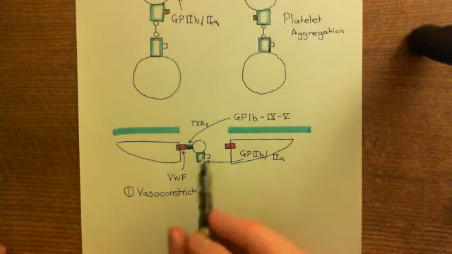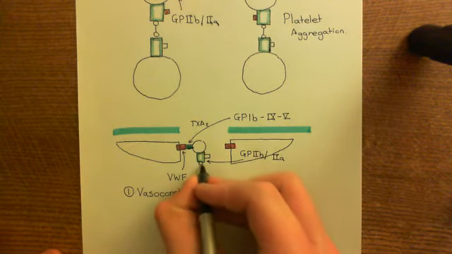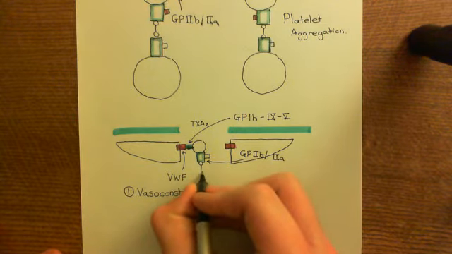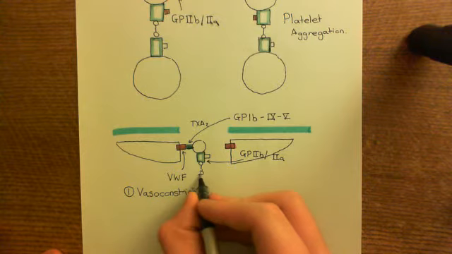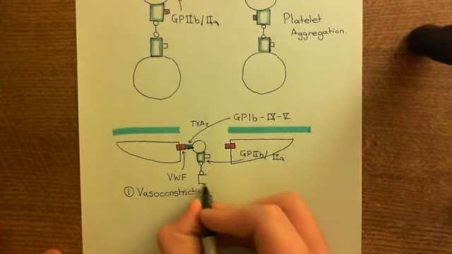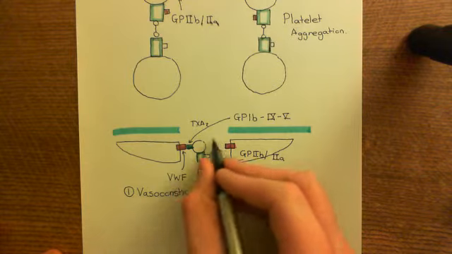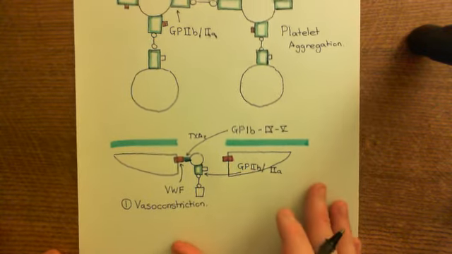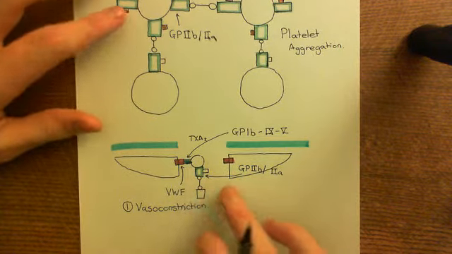Right, so now what can happen is this GP2B/2A can then bind to fibrinogen here, one of the lobes of fibrinogen, and then this other lobe of fibrinogen will bind to an activated GP2B/2A on another platelet, and you're going to start getting the assembly of a platelet aggregate, one of these things that I've drawn here.